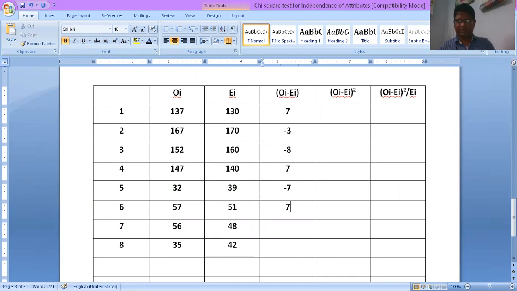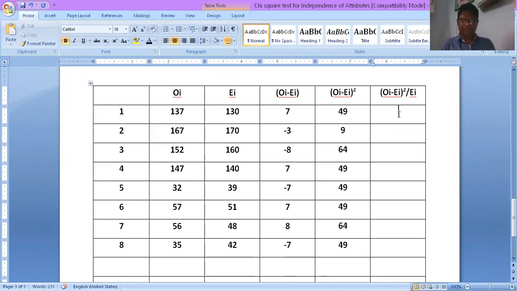Next, plus 7. Next, plus 8. Next, minus 7. Squares: 49, 36, 64, 49, 49, 49, 64, 49.